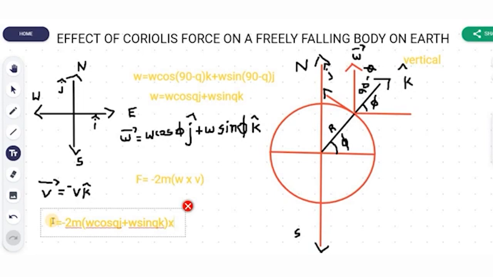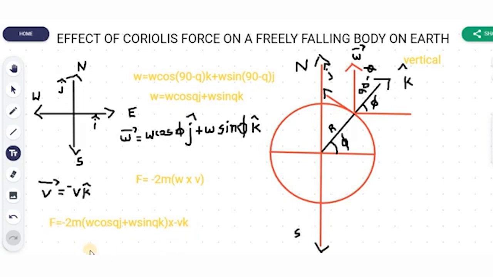V is minus V k. So it is cross minus V k. J cross k is i, and here we have minus signs. Minus into minus is plus. So 2m omega cos phi j cross minus Vk: j cross k is i.